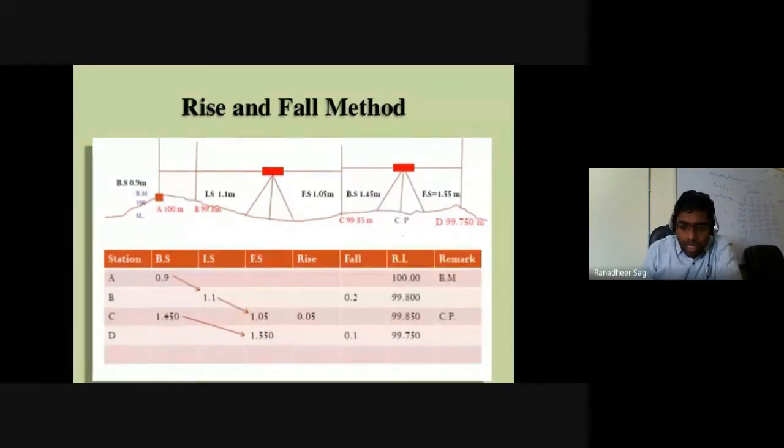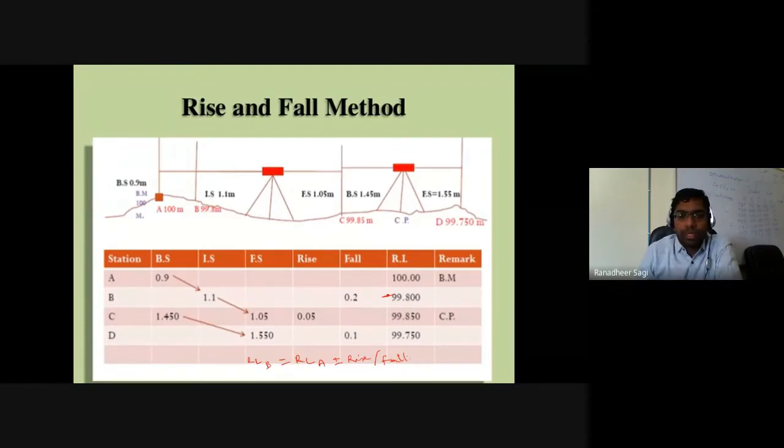Now, if I want to calculate my RL value at the point B position, the RL value with respect to point B is equal to the RL with respect to point A plus or minus the rise or the fall data. The RL value of point A is 100.